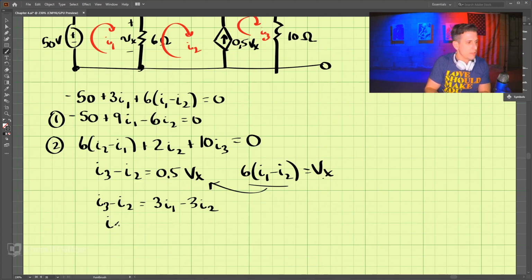We have I3 is equal to 3I1 minus 2I2. Okay, so that can be our third equation. And let's put that in up here.